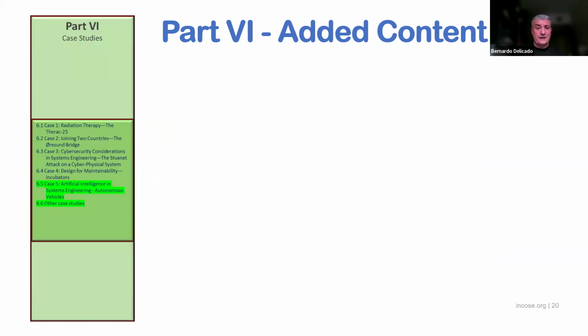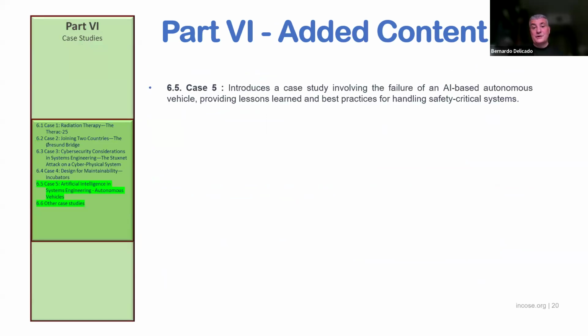Part 6, we have just included a new case, case 5, in session 6.5, introducing a case study involving the failure of an artificial intelligence based autonomous vehicle, providing lessons learned and also best practices for handling safety critical systems.